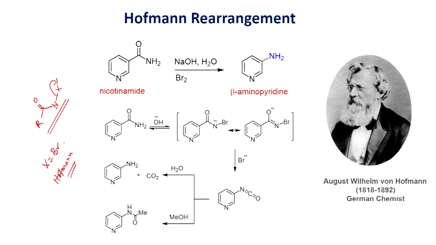If X is N2, it can be the Curtius rearrangement, and if X is carboxylate, then it can be the Lossen rearrangement.